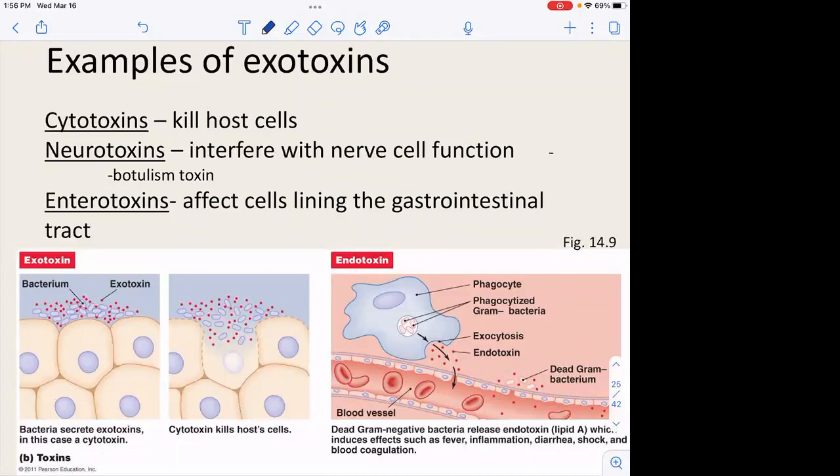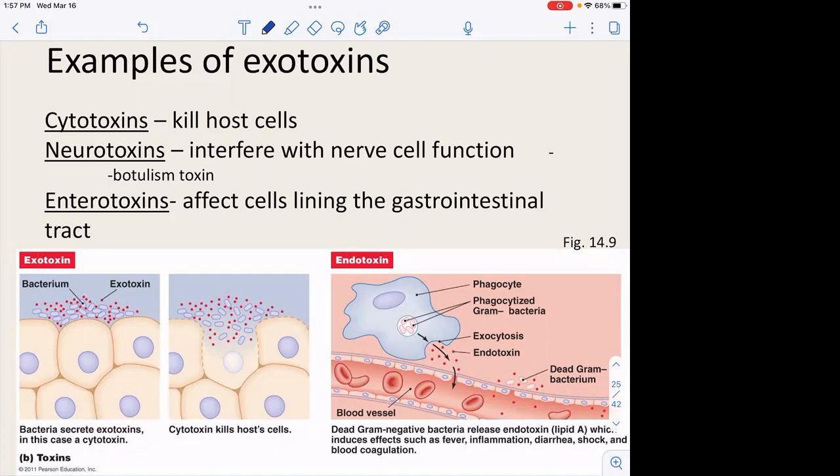Botulism toxin happens to be a neurotoxin. It impedes the nerve transmission so that our muscles can't move eventually. Tetanus toxin, that's another neurotoxin. That works in a different way. It keeps your muscles from relaxing, so you get the stiffening.